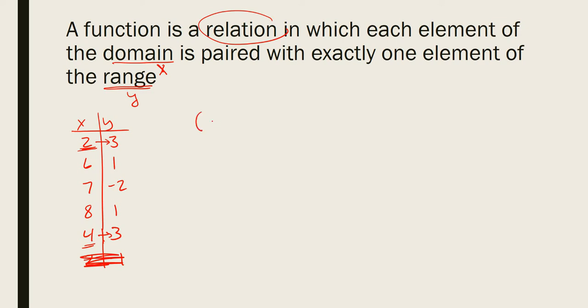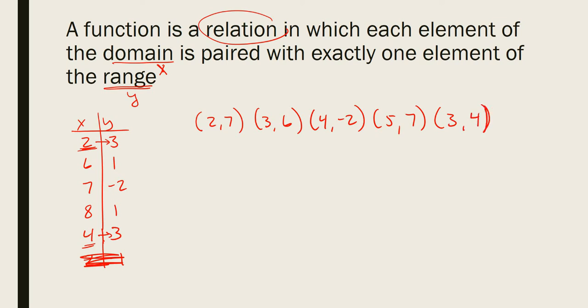If I did a group of ordered pairs, 2, 7, 3, 6, 4, negative 2, 5, 7, 3, 4. This is a relation, a pairing of x and y values. However, it is not a function.